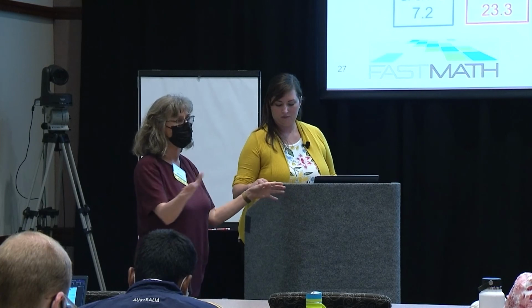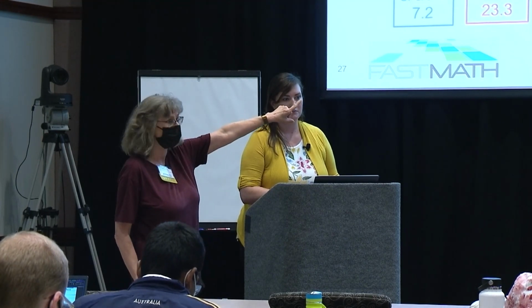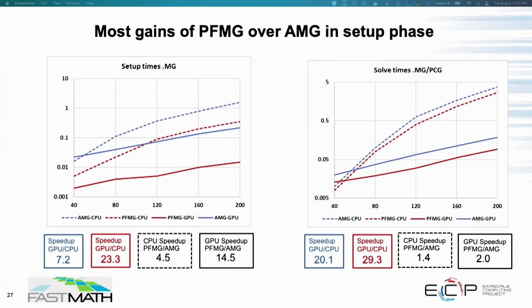In the unstructured code, we have to actually look for our neighbors, so we have to find neighbors of neighbors. So there's a lot of communication going on in the setup. Once we have the neighbors, we don't need to do that anymore. So that's why in the solve time, you don't have that issue. You don't have that issue for PFMG because we already know the grids, so we already know our neighbors. So it's kind of cheating a bit. That's the reason why there's such a big difference. There are more reasons, but that's the main one.